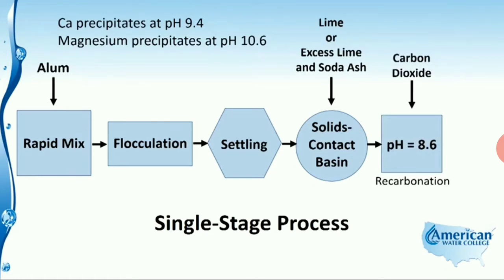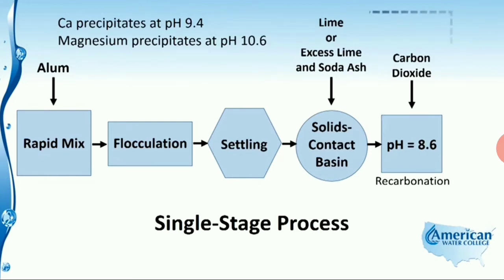One, the disinfection process, but two, it'll cause scaling in the distribution system. So we send it through what's called a recarbonation process, where we add carbon dioxide to the water, and that brings the pH down to a range of 8.6, so it's more stable.